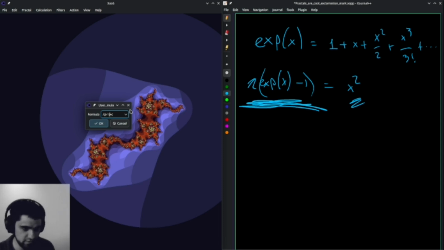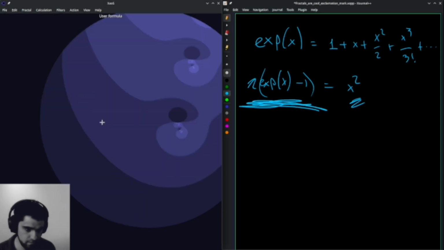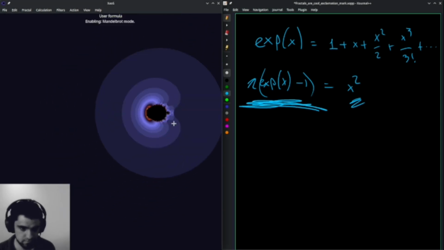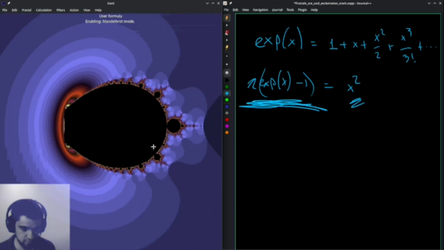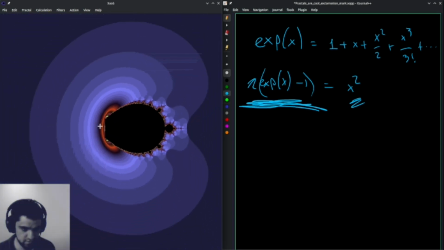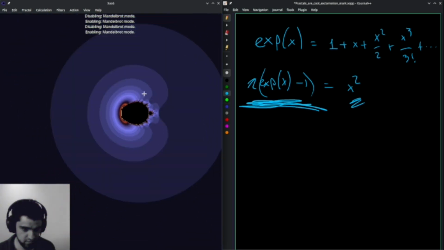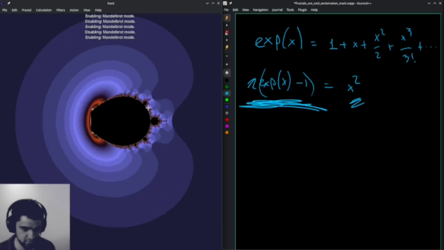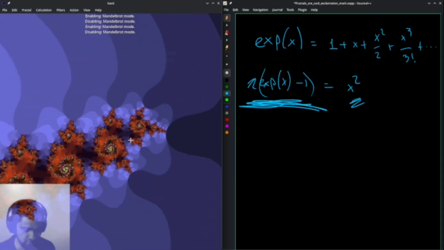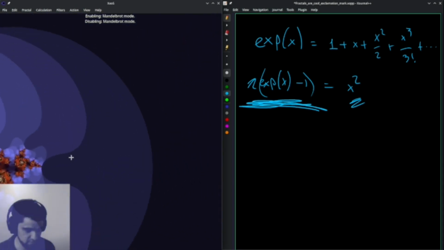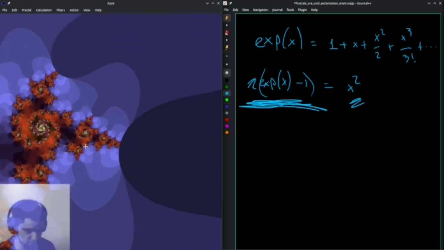That should blow up around 1. And if we do something like z times z, we get something that is blowing up around here. And it's giving us some rather interesting results, kind of like in a sequence, I guess.